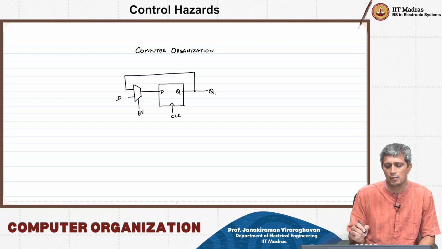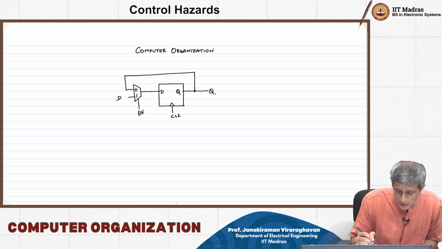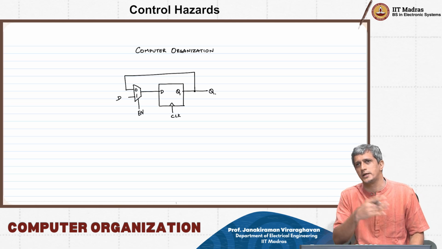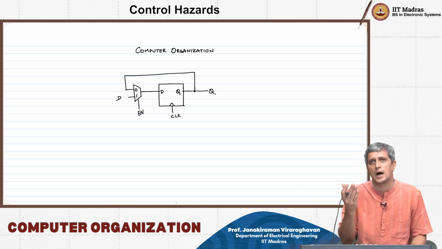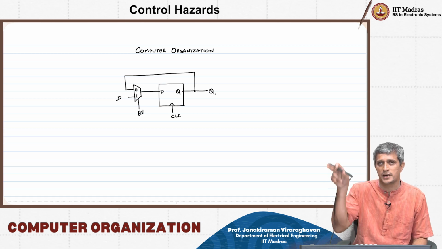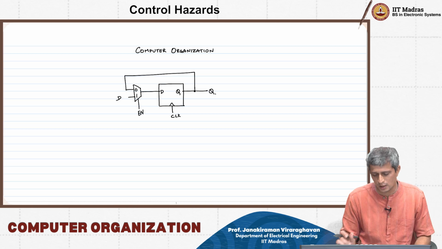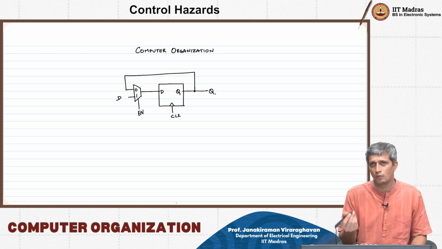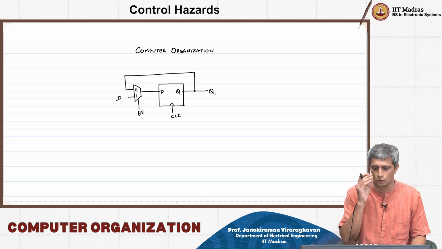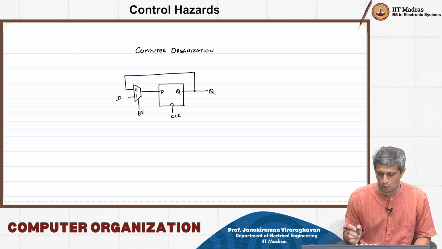When enable equals 1, the new data will get written into that flip-flop and it will come out of the other side. Otherwise it is the previous data which will just get held like that. So that is one way to do the enable control.